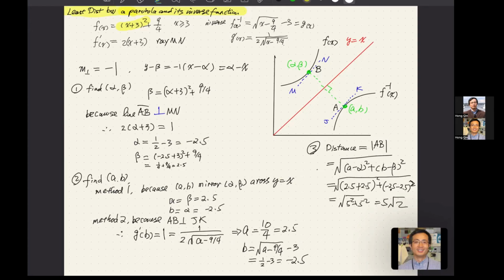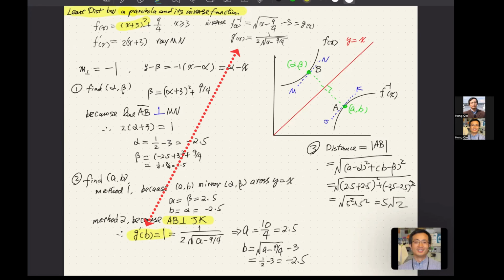If we don't use that, we can also solve it using a similar method as we did for alpha beta. Because the big A, big B line is perpendicular to JK, we know the slope of JK must be what? 1.